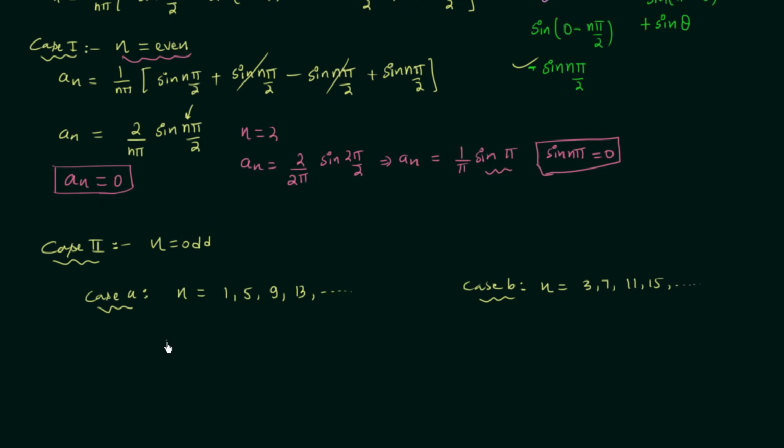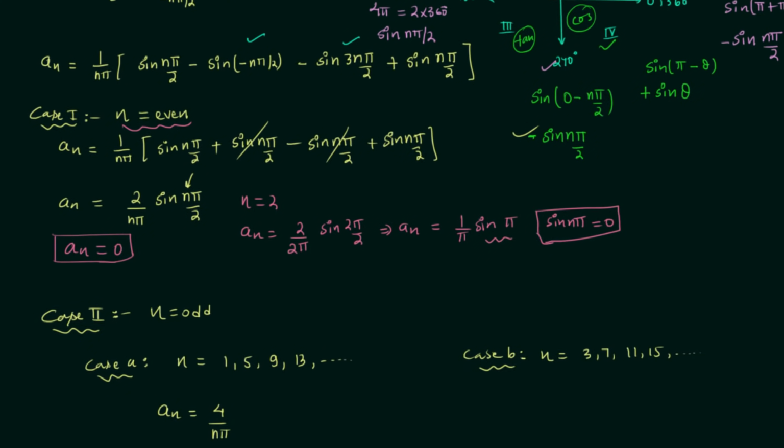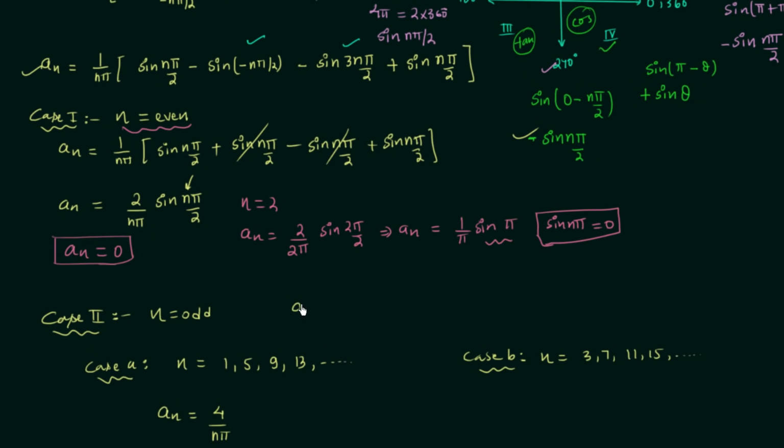In this case an will be equal to 4 over n pi. It is equal to 4 over n pi because we can clearly see from here an is equal to 1 over n pi sine n pi by 2. Sine minus n pi by 2 is equal to minus sine n pi by 2.